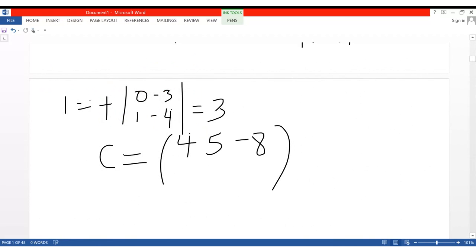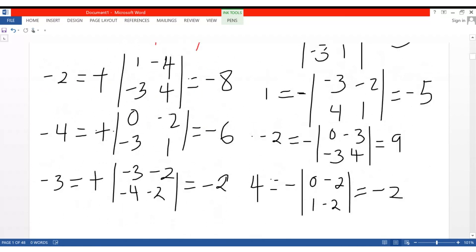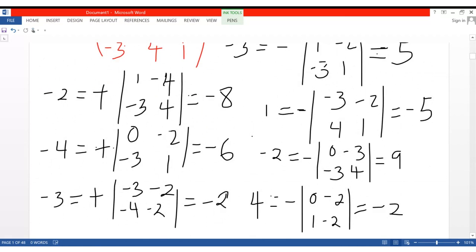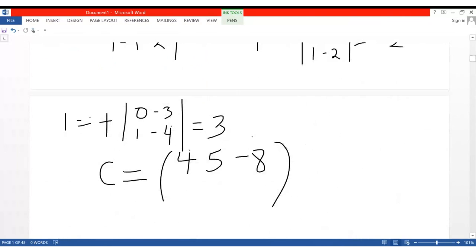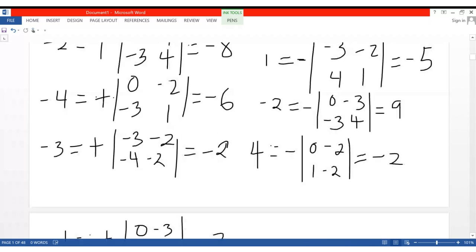And then the other one was negative 5, negative 6, and 9.